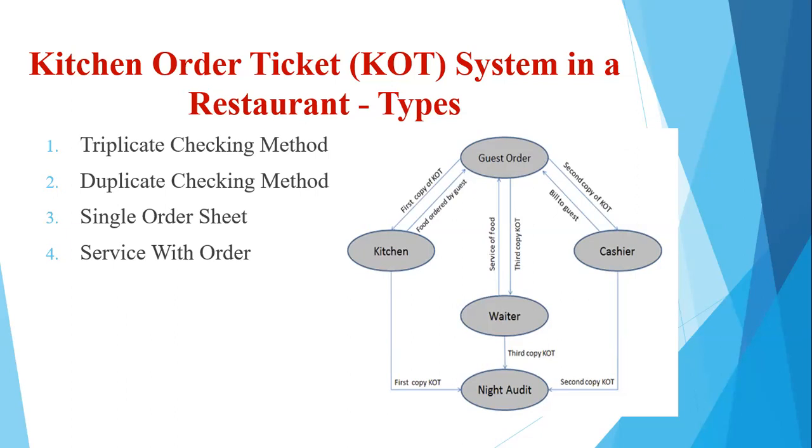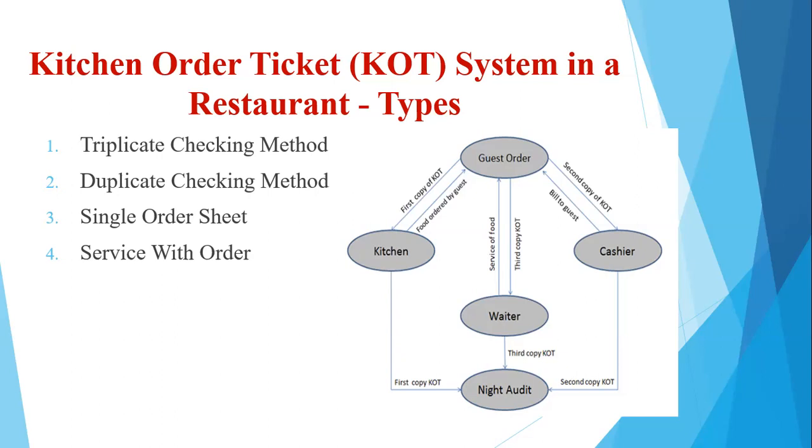So that's where they get to know the quantity with respect to each dish that has been ordered in the restaurant. Fine. Then the second copy will go to the cashier, and based on that, the bill will be prepared. Now, again, this bill has 2 copies. The first copy of the bill will go to the guest, and the other copy will be retained by the cashier.